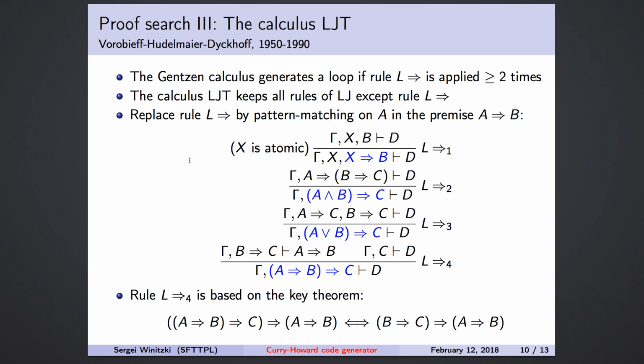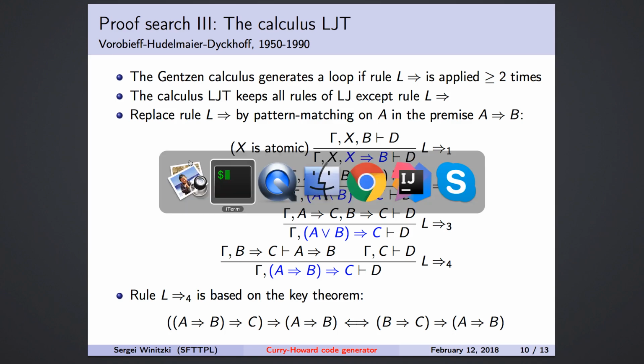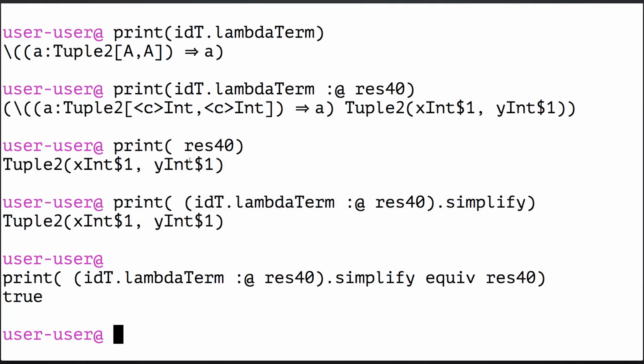I do have a kind of stopgap for recursive types. Recursive types are supported. Let me try to demo this. Let's do a list of int.